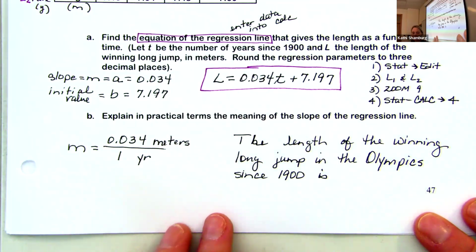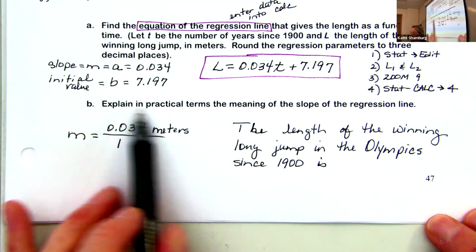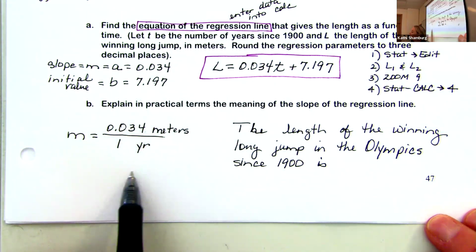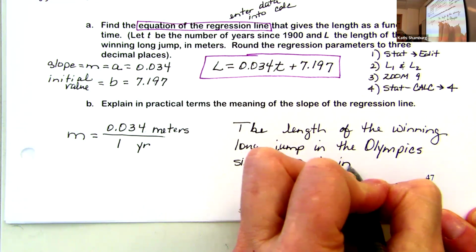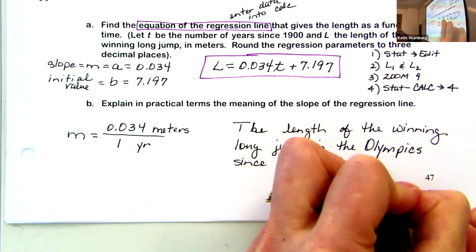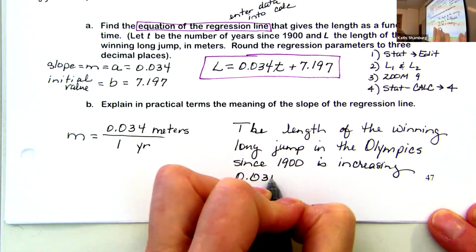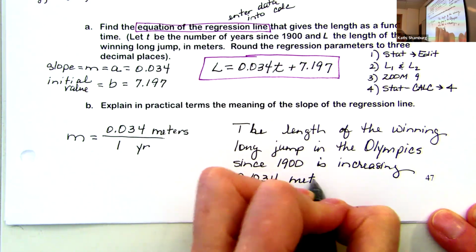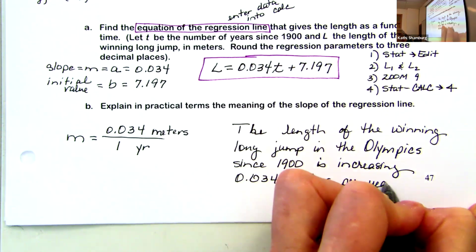Is, okay, now I want to think towards the numbers. What's first important to notice about your slope? Positive. It's positive, so we know it's increasing. So it's increasing 0.034 meters per year.